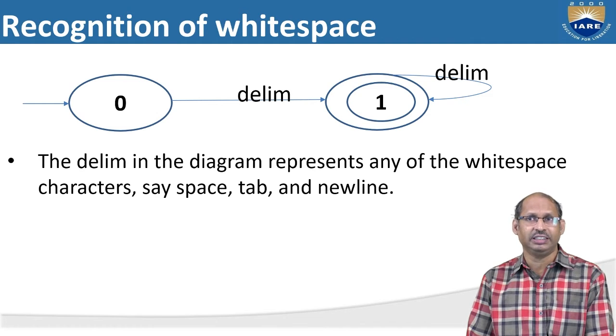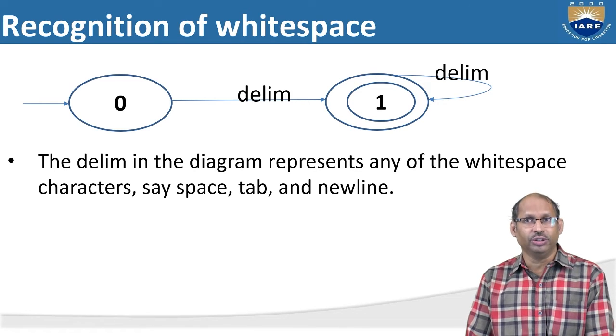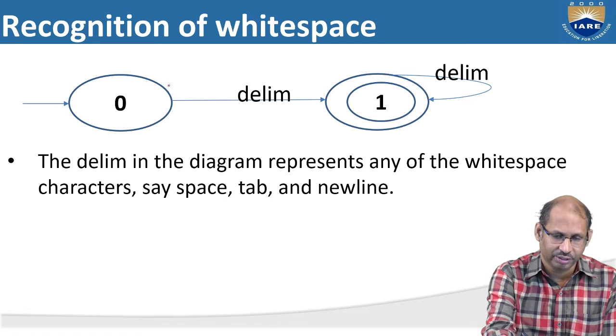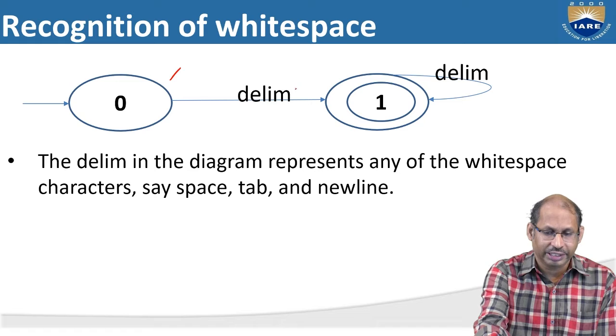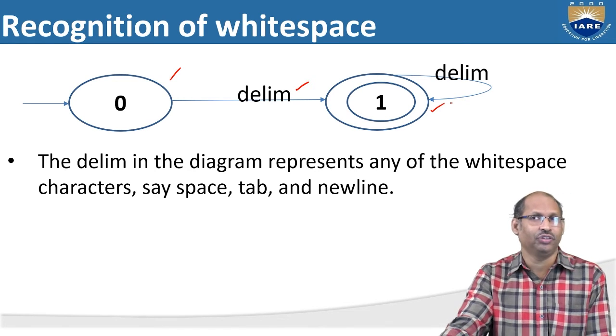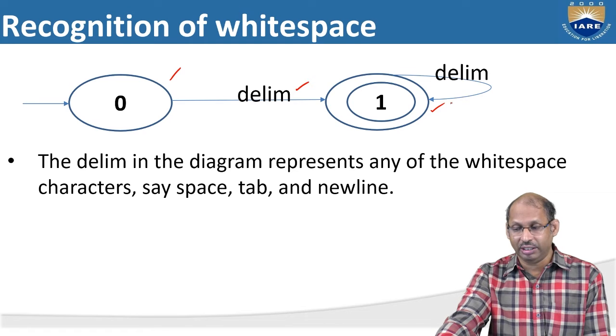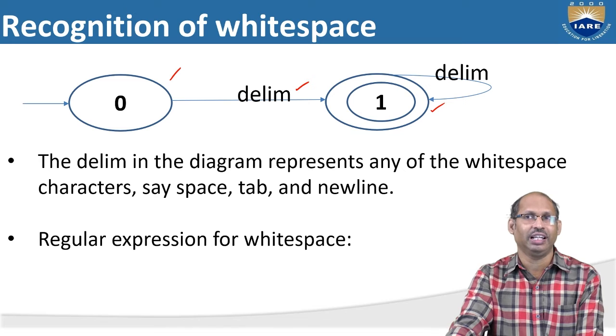All the white spaces, tabs, new lines and empty spaces are considered white space. So 0 is our initial state. Then a delimiter goes to a final state 1, and it may recognize one or more delimiters.